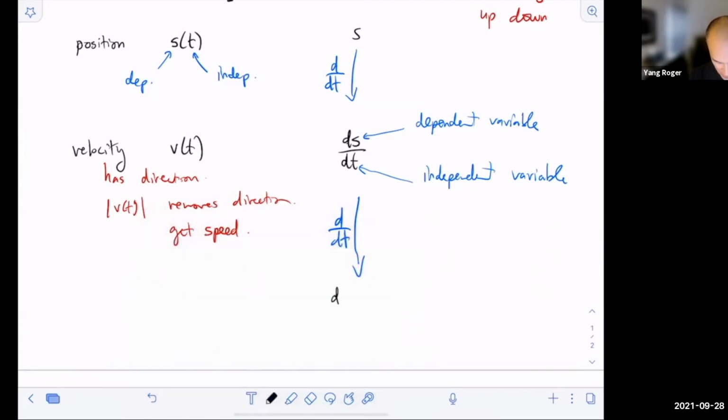So just as a reminder, if you have d dt, that's the differentiation operator, and then you apply that to the first derivative, that's how you get the second derivative like this. So it's almost like the d and the d get multiplied together, and the dt and the dt get multiplied together, and that's why it's dt squared and d squared, okay? And this is our acceleration.